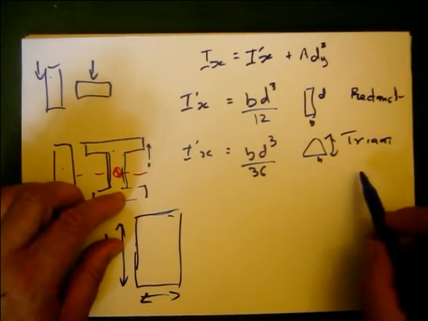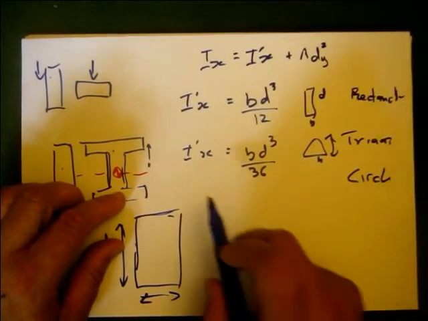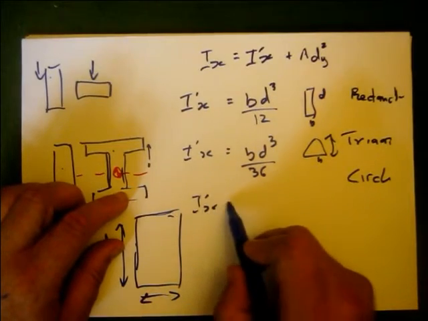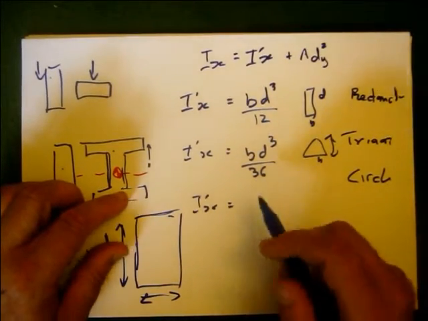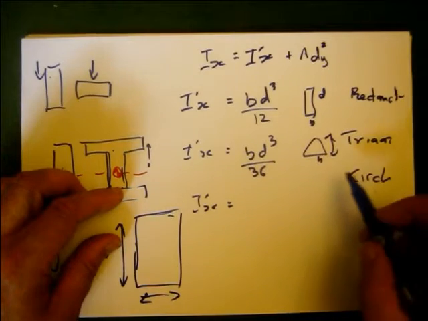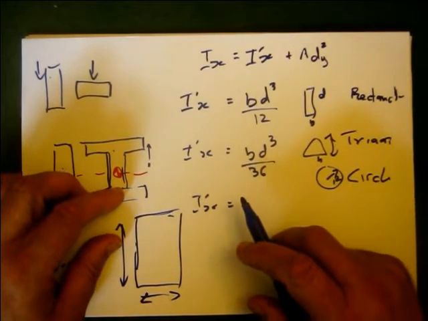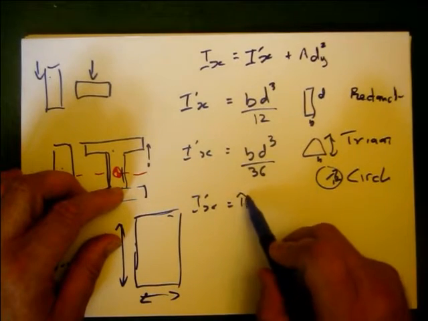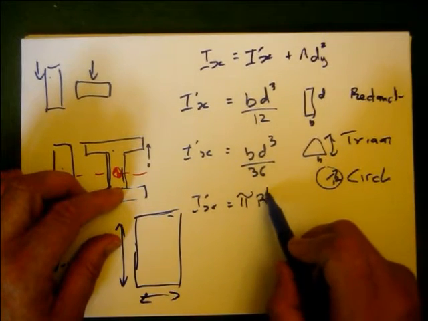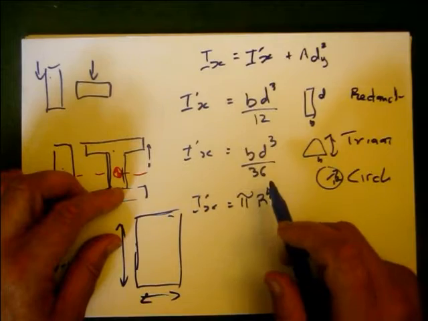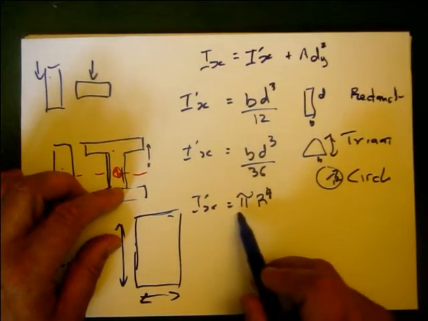For a circle, Ix equals, with capital R the radius of the circle, pi times the radius to the power of 4, over 2.